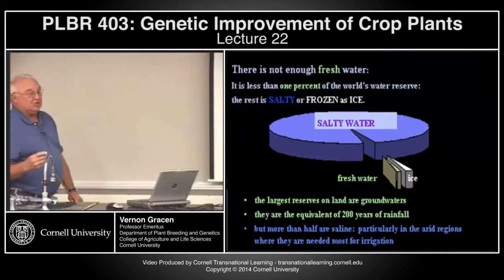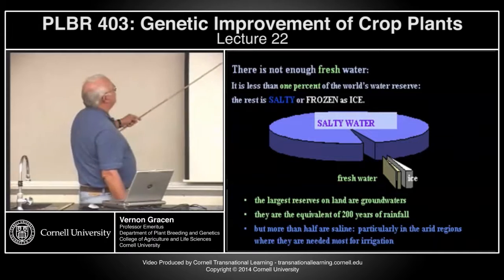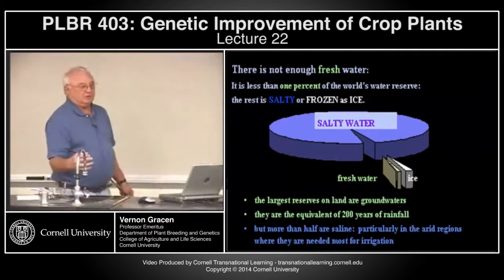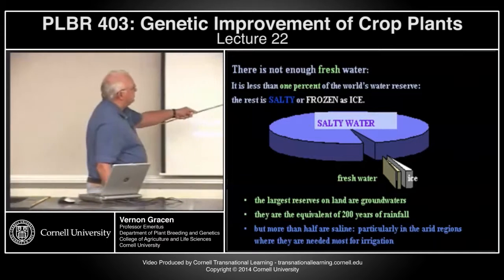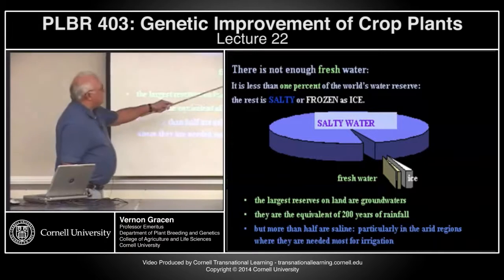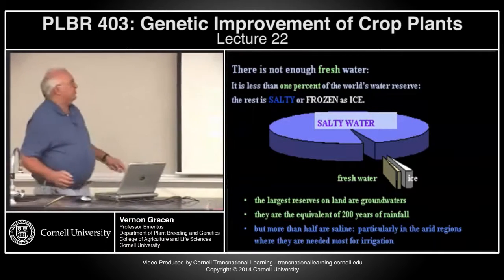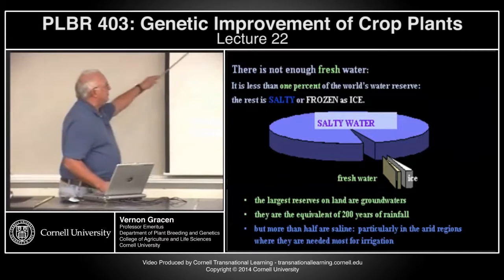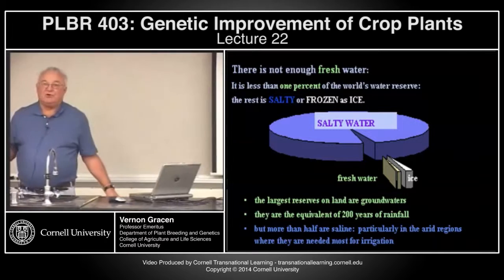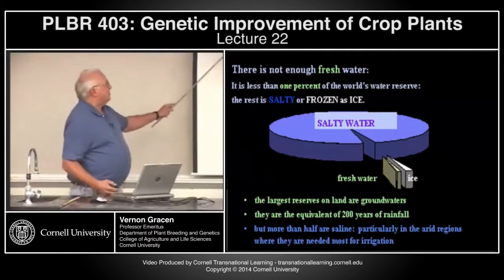Some people claim today less than 1% of the world's water reserve is fresh. The rest of our reserve, and so this little slice here is fresh. The rest of it is either becoming salty or in the form of ice. So most of the water on Earth today is salty. Of course, 70% of the Earth is covered by oceans.